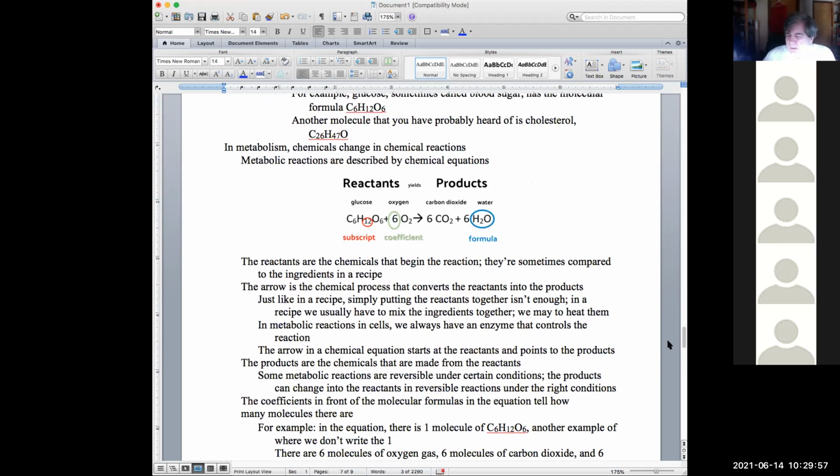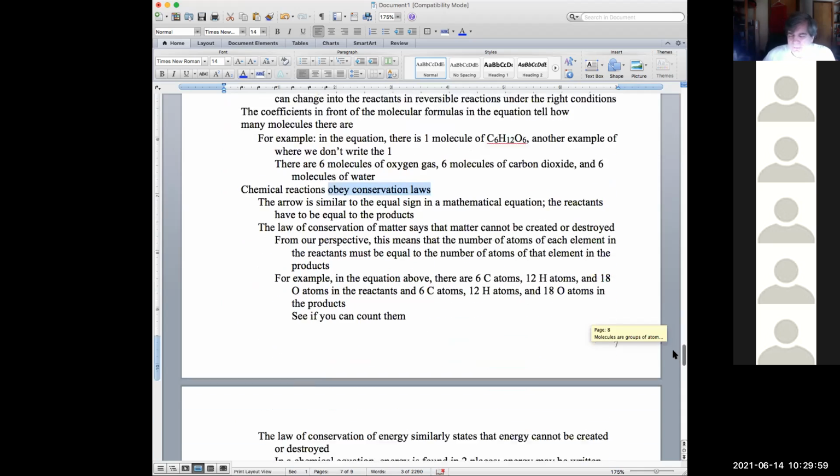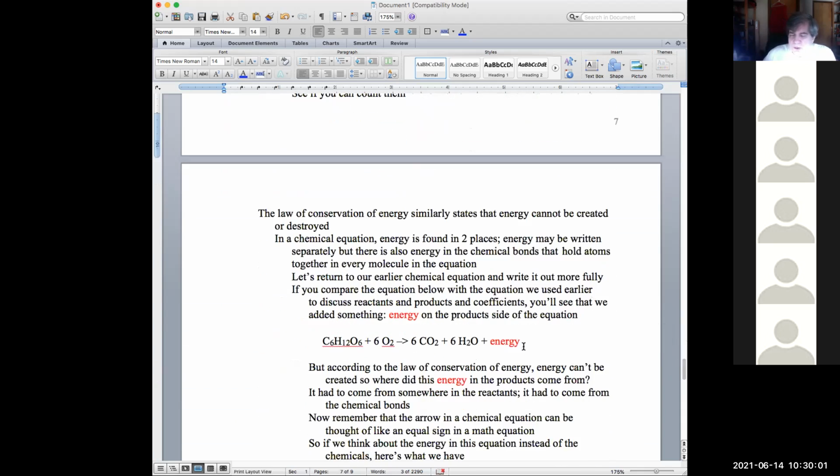There isn't energy in here anywhere. So let's rewrite this a little more accurately so that we include energy. So here's C6H12O6, 6O2, 6 CO2, 6 H2O, but then we're going to write energy. Now notice we're only writing energy on the product side of the equation. And we'll see why in just a second.